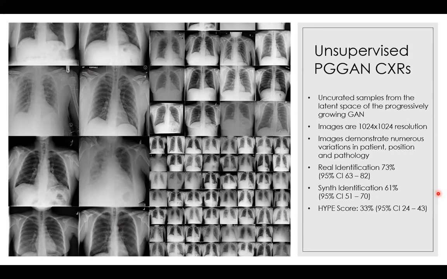This is an example from my recent project where we worked on generating megapixel resolution chest X-rays. The PG in PGGAN stands for progressively growing GAN. The idea behind this is you produce progressively greater resolution images so that it stabilizes training. You're not trying to straight out generate high resolution images. All these are examples of chest X-rays that are produced without any form of conditioning.